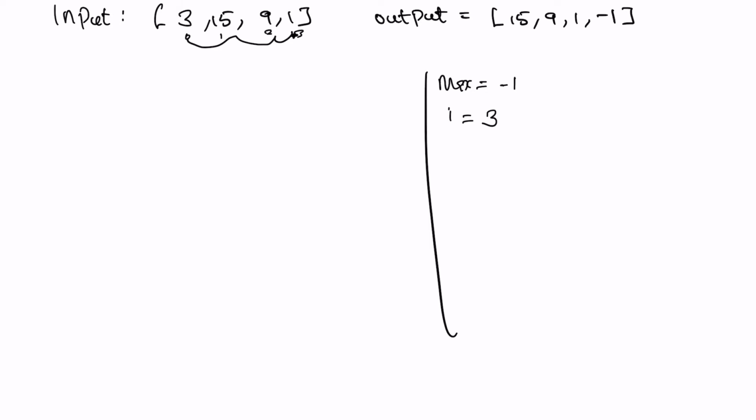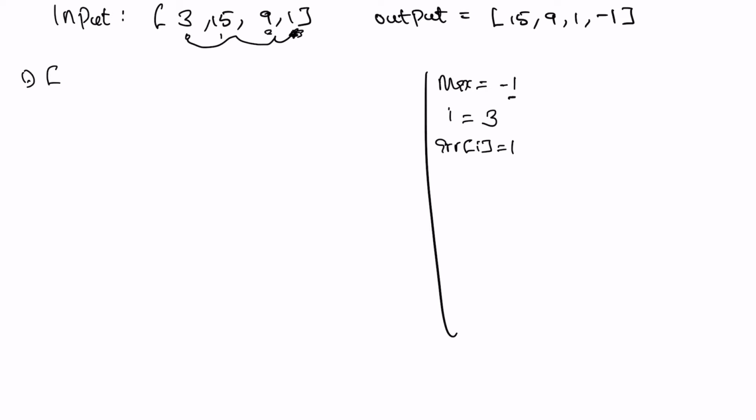And we have a variable to store the current value that we're at. So we take the first step, which is setting the current element. We're at index 3, and the current element at index 3 is 1. So we replace the last element, which is 1, with the max we have seen so far, which is negative 1.